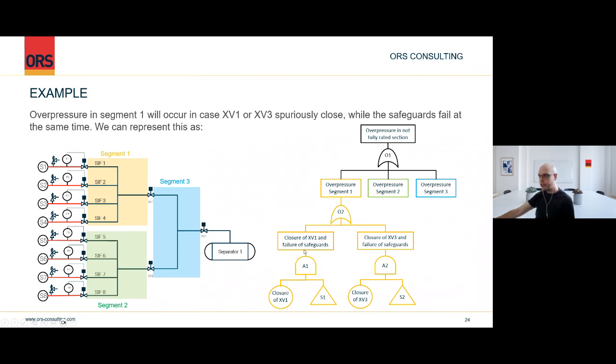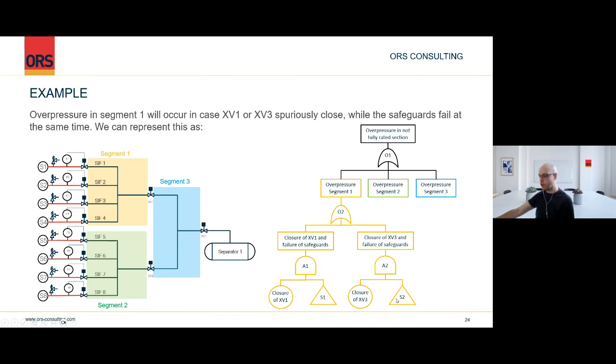And then the failure of all the safeguards against this closing and creating an overpressure here, right? When you put a triangle, this means that this will go to another page because we don't have enough space to develop that, right? And then we do the same thing for closure of XV3. So if XV3 closes, then it's a basic event and the failure of the safeguards.